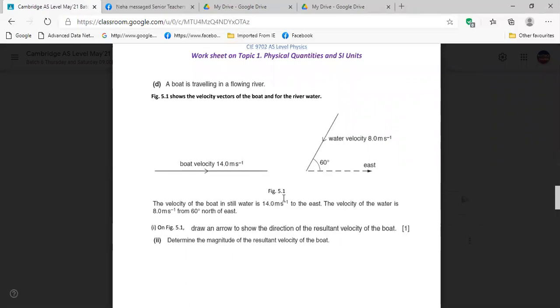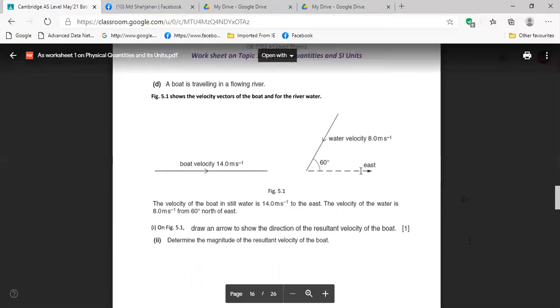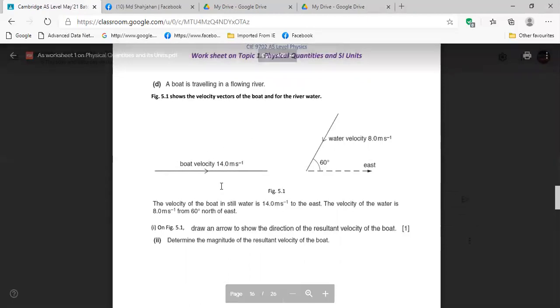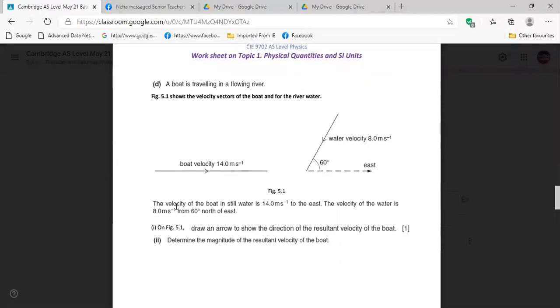Look, your idea is correct, David, but what you have to do is this. The boat velocity is given, right? They are saying the velocity of the boat in still water is 14 meters per second to the east.